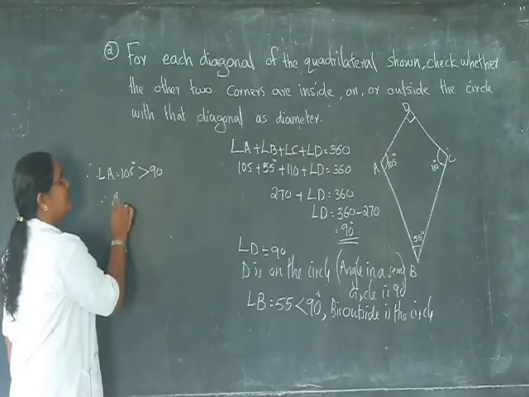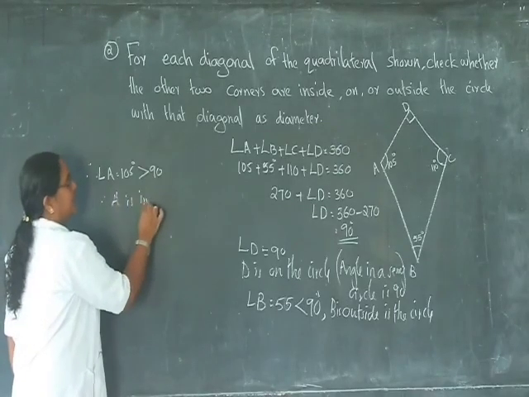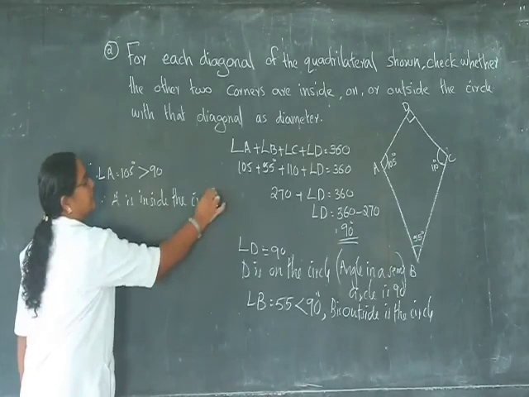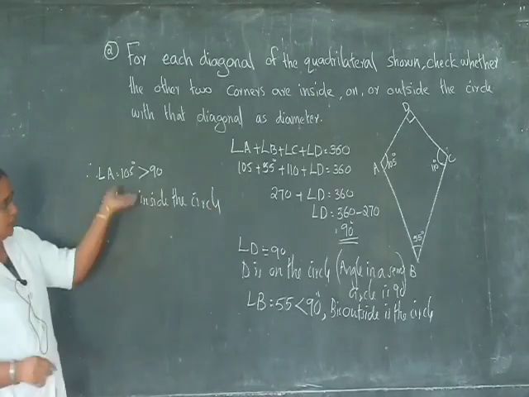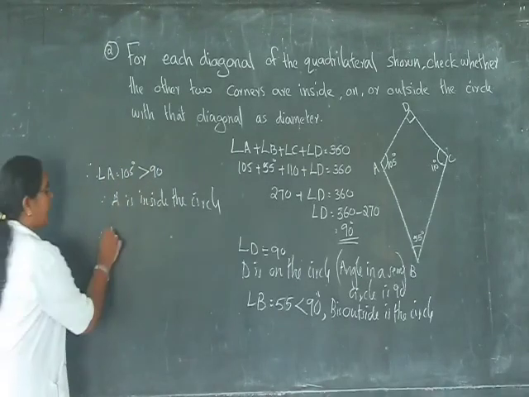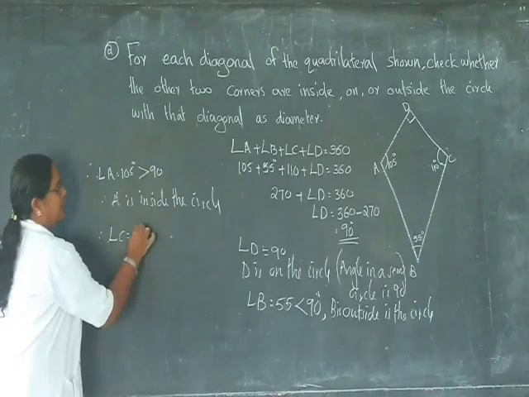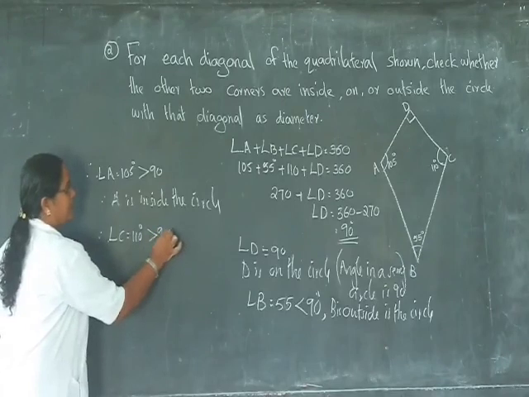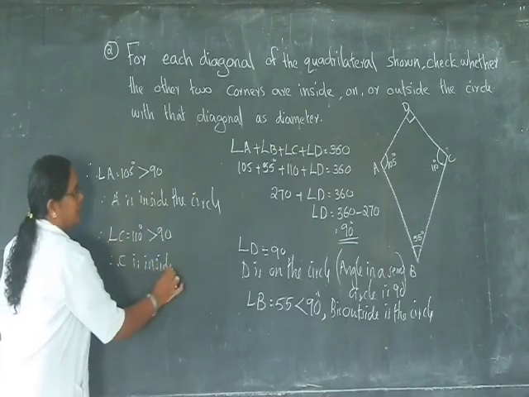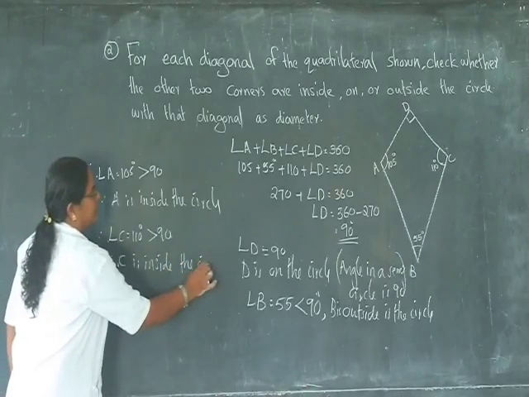Therefore, A is inside the circle. In the same manner, BD is a diameter. Look at angle C. 110 degrees is more than 90. Therefore, C is inside the circle.